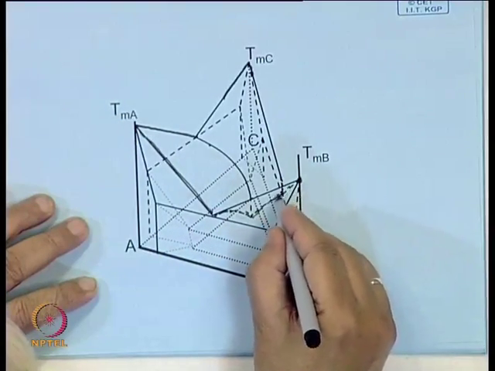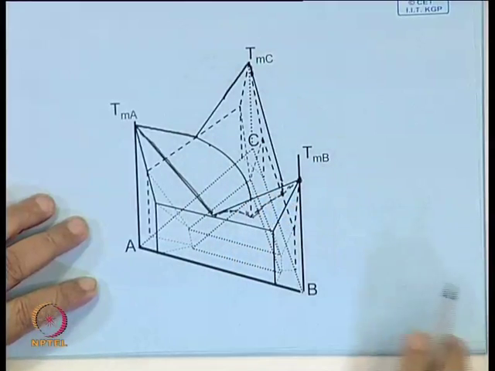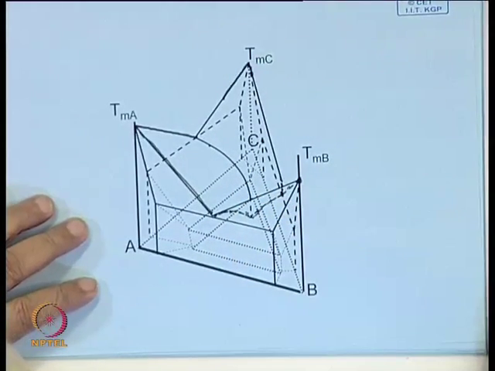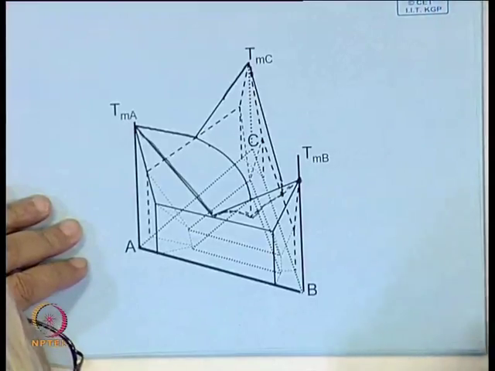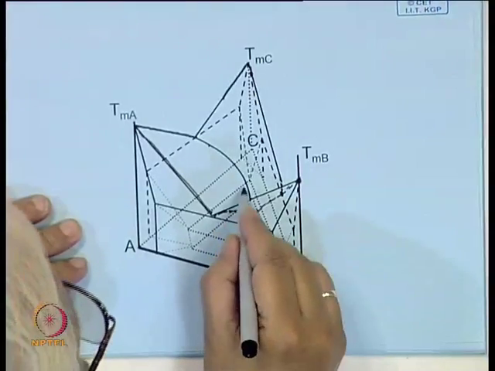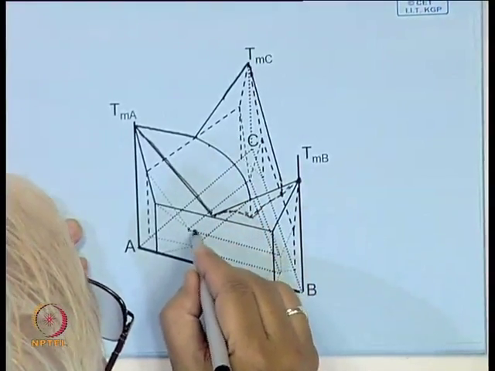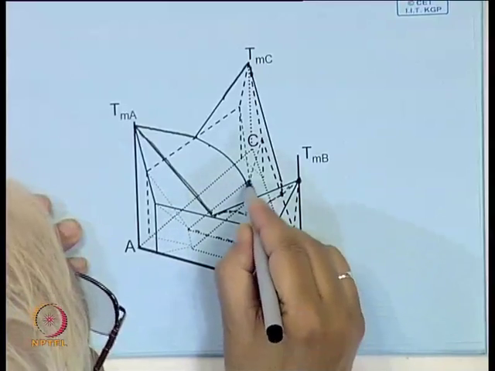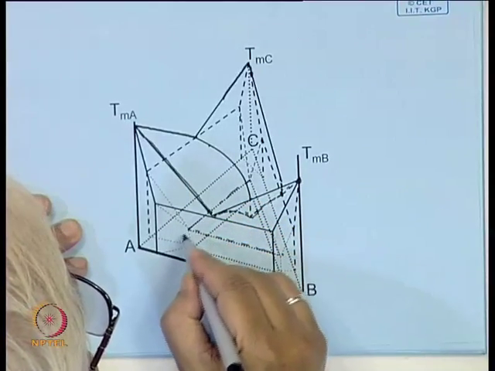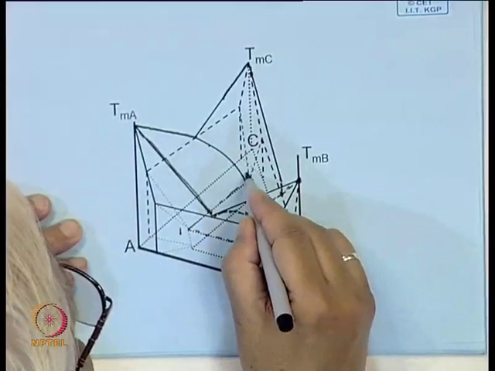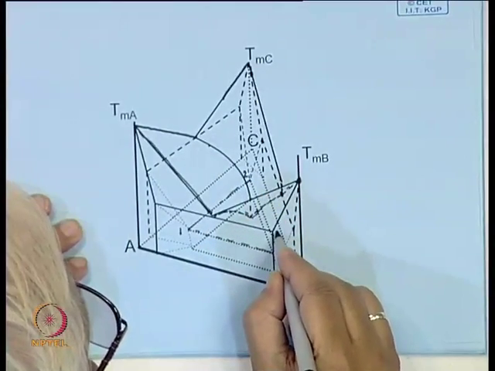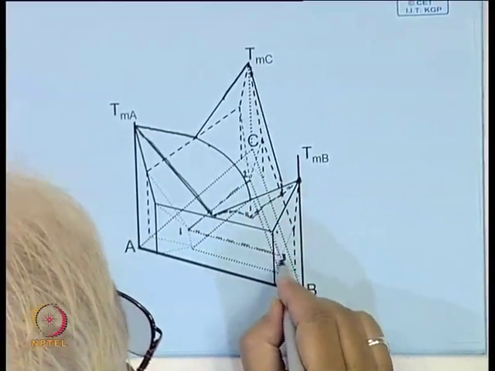So, there will be 3 curves along which these surfaces will meet. Inside, I have drawn this isotherm, this triangle, 1, 2, 3.